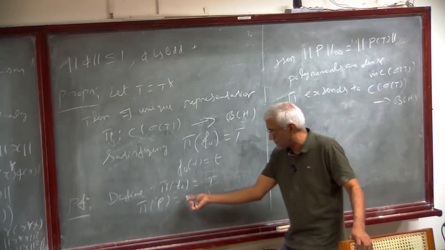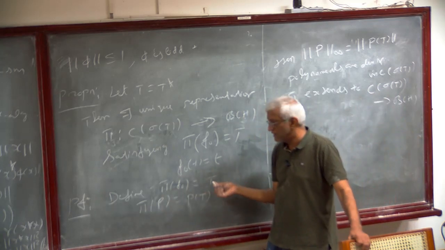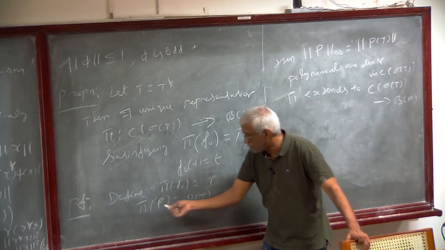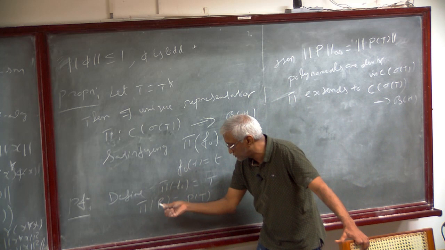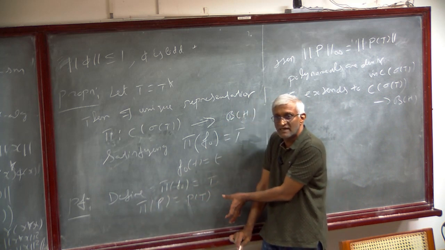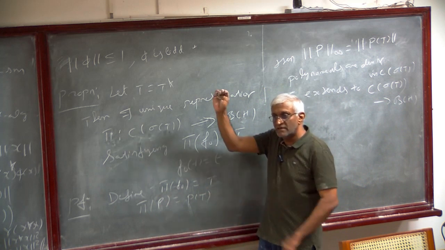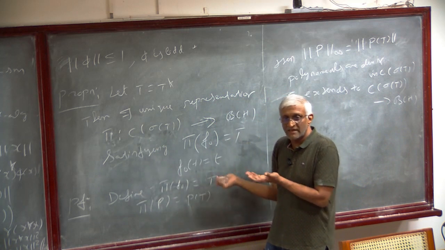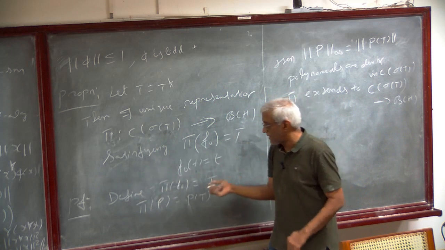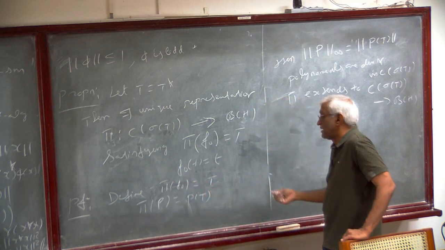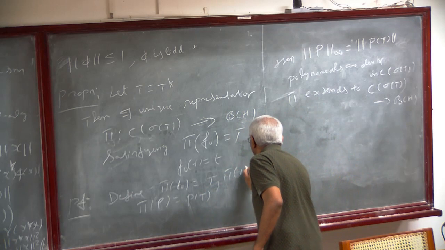This is a homomorphism, right? Pi of f naught, you define it to be T. Pi of any polynomial is p of T. If you have two polynomials p and q, pi of pq is p times q. It's just an algebraic relation. So it's clearly multiplicative. And that multiplicative property will extend to the closure because multiplication is continuous and star is continuous. And you define pi of 1 as 1.